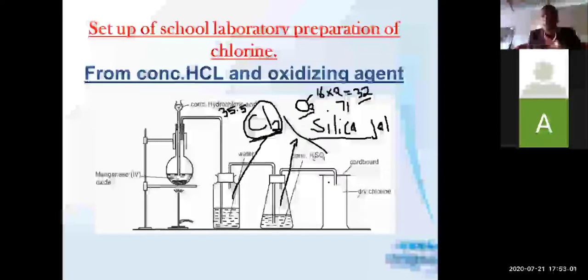The chlorine gas cannot be collected by the overwater method or downward displacement of water, because chlorine is highly soluble in water to form chlorine water, which is a mixture of two acids: hypochlorous acid, which is known as chloric one acid, and hydrochloric acid. So we cannot collect this gas over water by the overwater method. You should know that one.